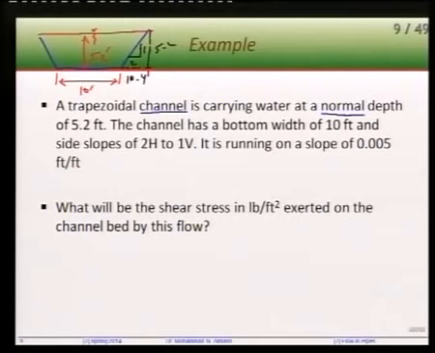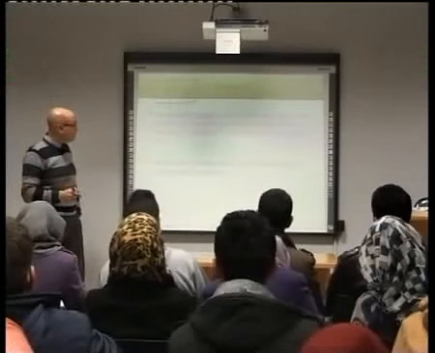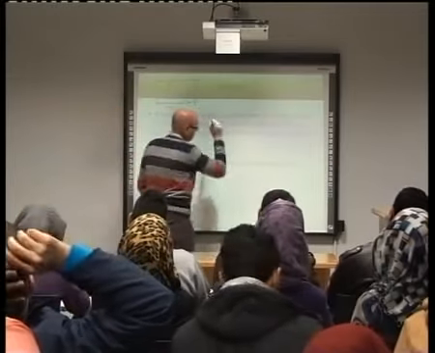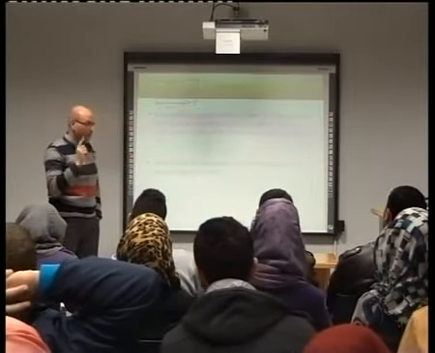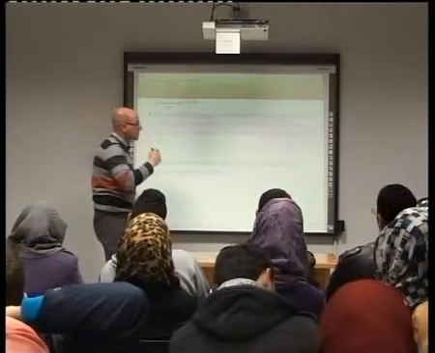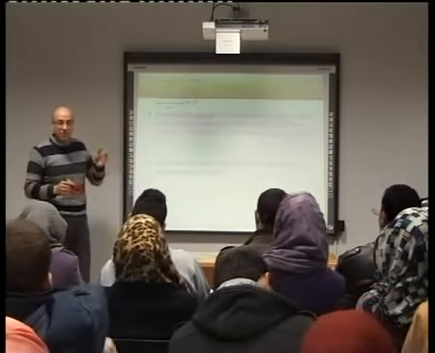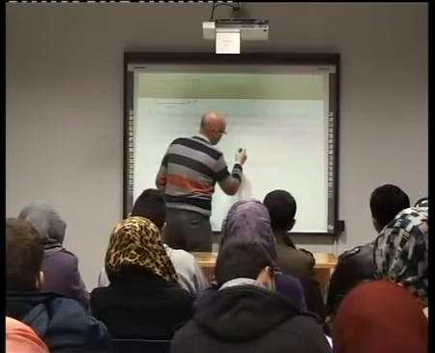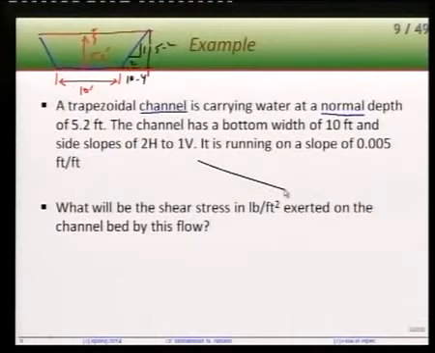It is running the channel on a slope of 0.005 feet per feet. So no, not SF now. It's not SF. The channel. Now let's do now a side view. Okay, for a side view, first of all, we can imagine the channel like that. It must have a slope. This is exaggerated. Okay, or we can just do it here like that.